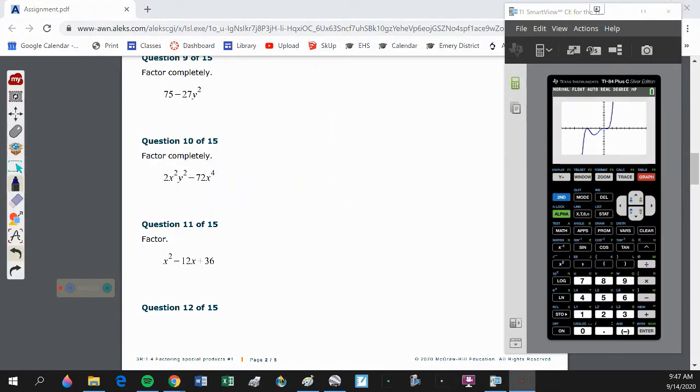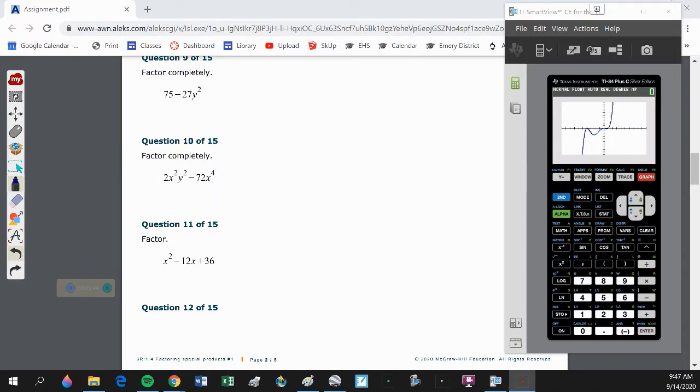Number 10 is missing a middle term. Right? There's no middle term. But is it a difference of perfect squares? Is 2x squared y squared a perfect square? No. Is 72x to the fourth a perfect square? No. So we need to look and see, does anything factor out?